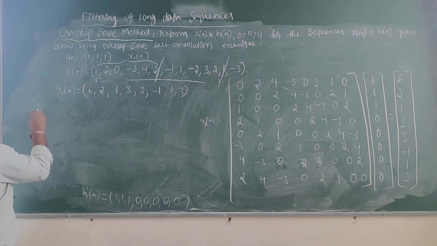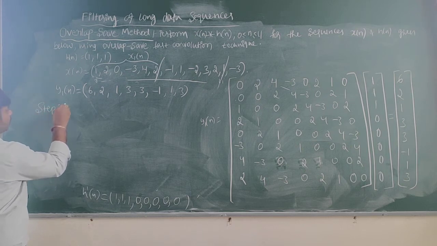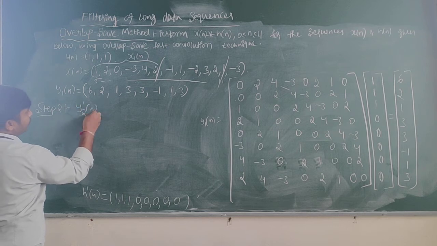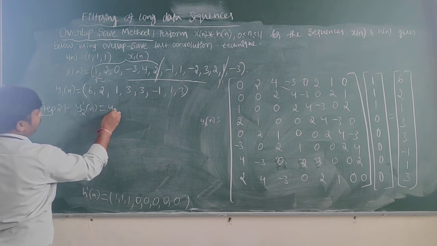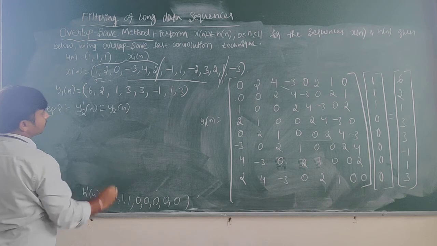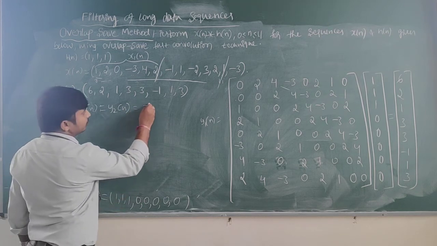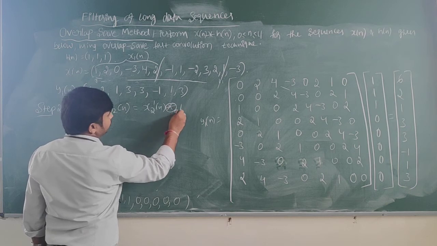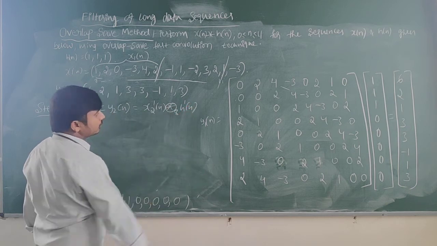So next step, I need to find y2 of n, which is equal to x2 dash of n convolution with h dash of n.